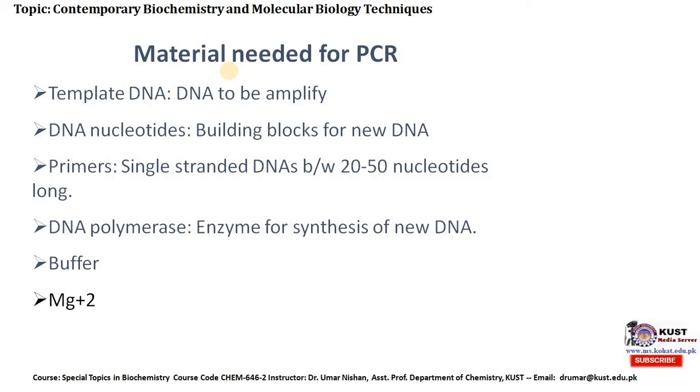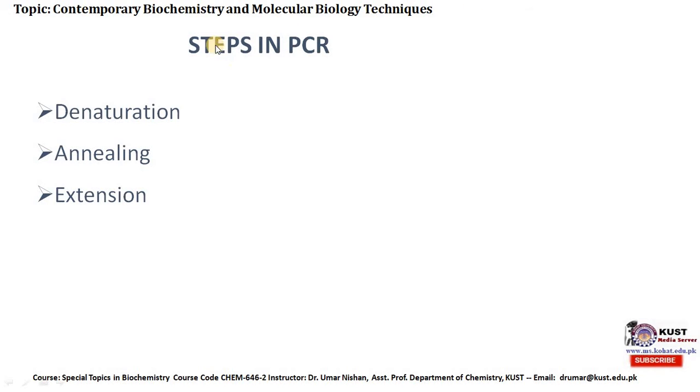So before doing a PCR reaction, we need to have these materials in hand. Then there are three major steps in the process of PCR. One is denaturation. It means first the DNA that is to be amplified is denatured. Then is the process of annealing, in which the primers anneal with the parent strand of the DNA.